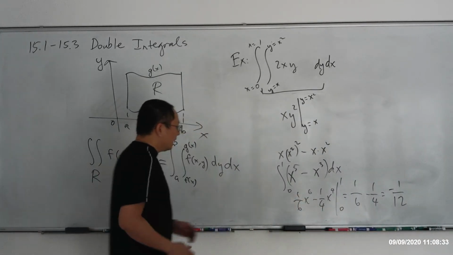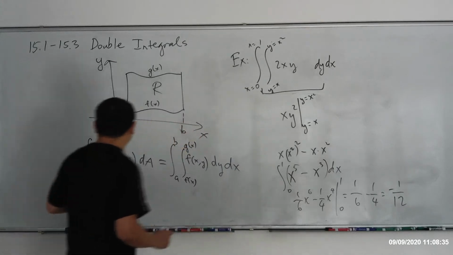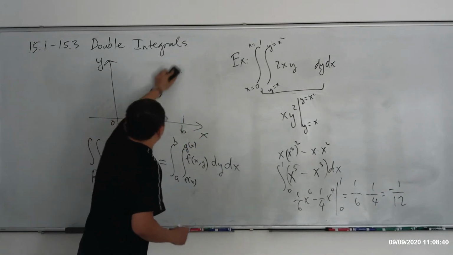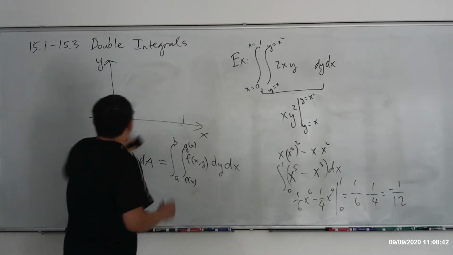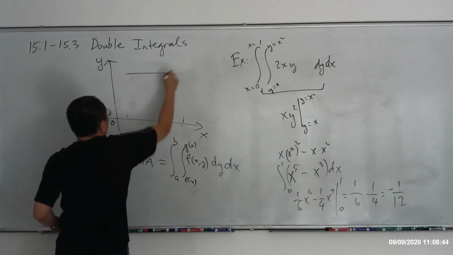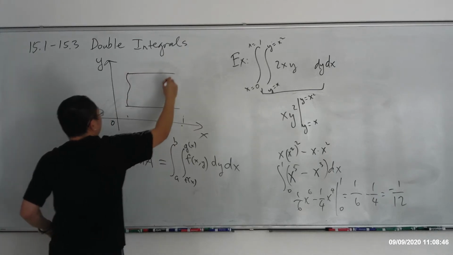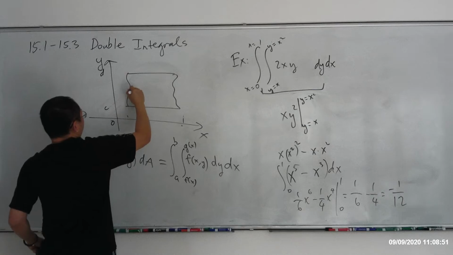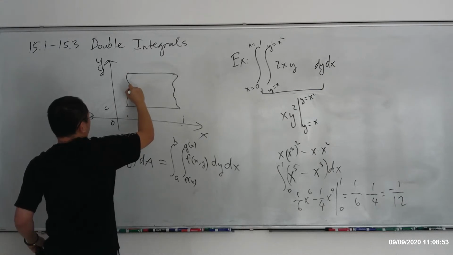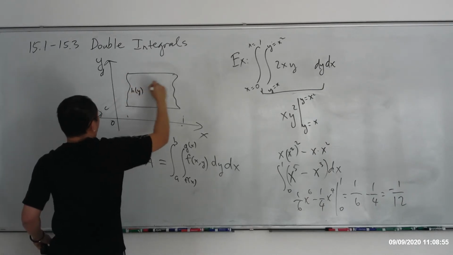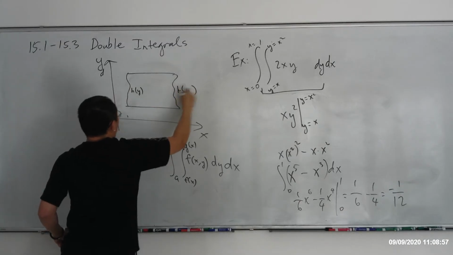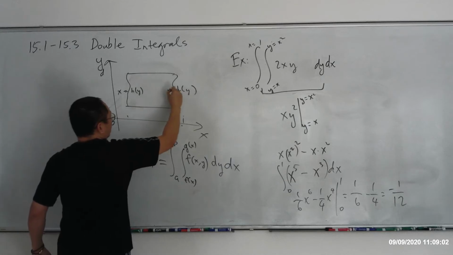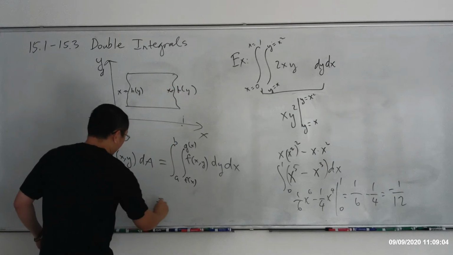And similarly, there's another case that you have to change. What if I have the function where y is a constant and x is changing? So you have such a thing like this. So y runs from c to d, x from h of y to k of y. Now this y is a constant, x is the function. And guess what? You're going to write the double integral this way.